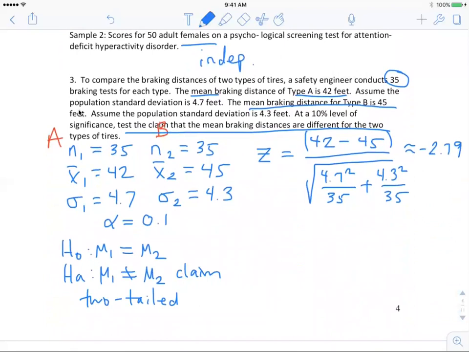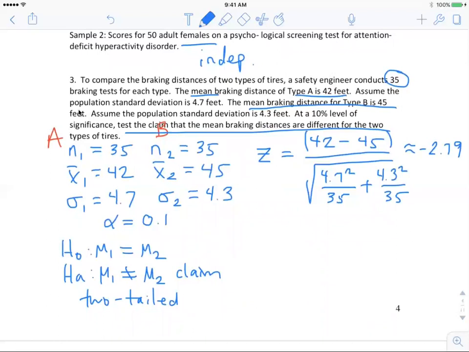Steps 4 and 5 are really the same as what we've done. If you're comfortable finding critical values or p-values or whatever method you're doing, you're going to be good here. For this one, let's just do the critical value method, or the rejection region method. For that step, I have to find my critical values for a two-tailed test with alpha equal to 0.1.